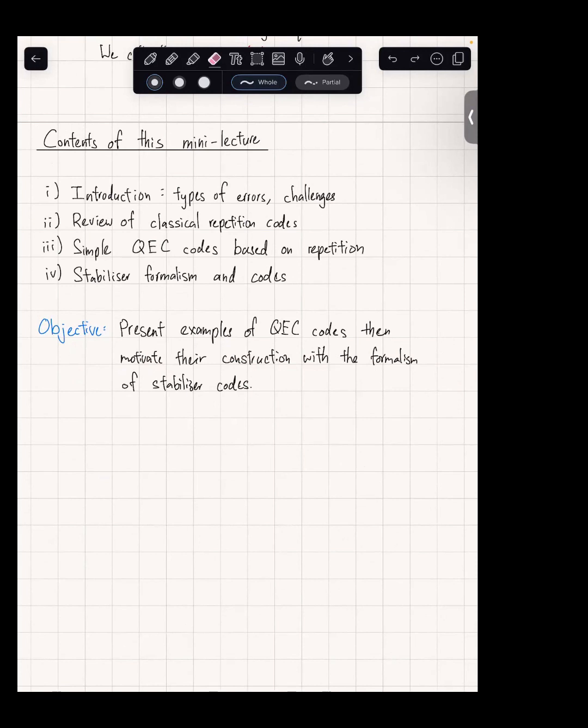Finally, we'll end off the lecture with an introduction to the stabilizer formalism and codes. And so the overall objective of this mini lecture is to present simple examples of quantum error correcting codes and then motivate their construction using the formalism of stabilizer codes.